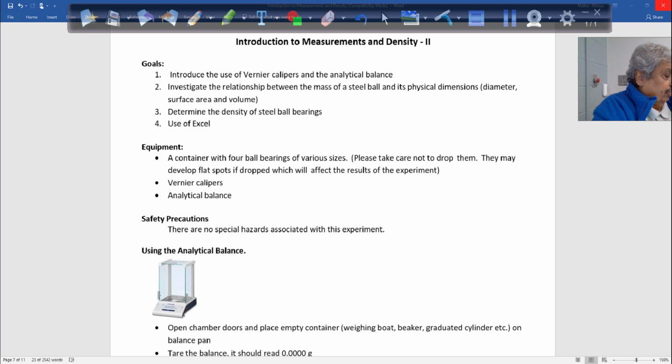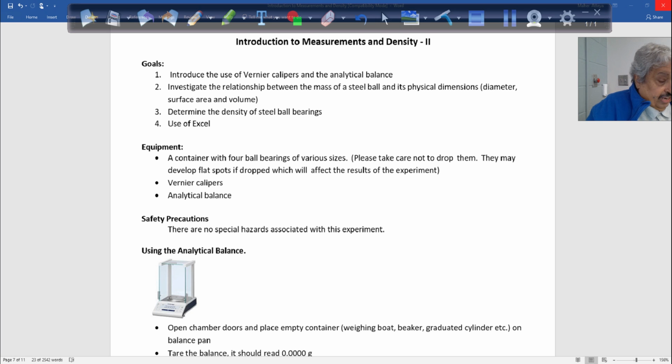So first of all, you take one at a time and measure their masses, all of those 4, so you will not be confused. Take them from the smallest to the highest diameter, correct? So we will do the measurement of the density of those 4 different spheres.